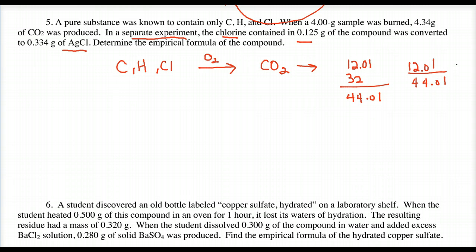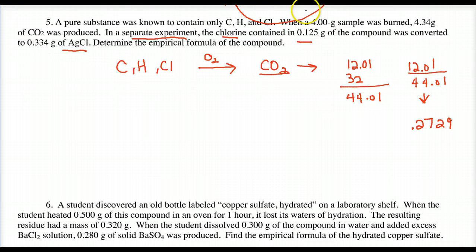So 12.01 divided by 44.01, times 100, but we can skip that, and that gives me 0.2729. Obviously it's 27.29 percent if you want a percent, but that's the fraction of mass due to just the carbon in CO2.